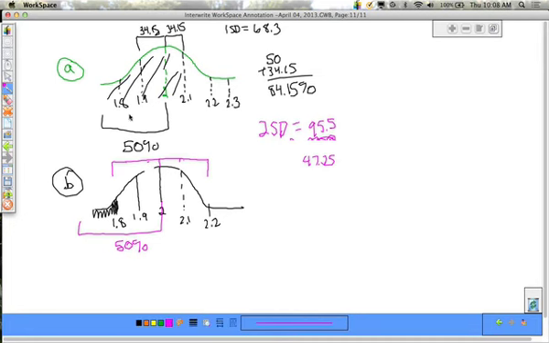Sorry about that. So we have 47.75 and 47.75. This looks a little bit better. So we have 50, the entire half, minus 47.75. So we have 2.25%.